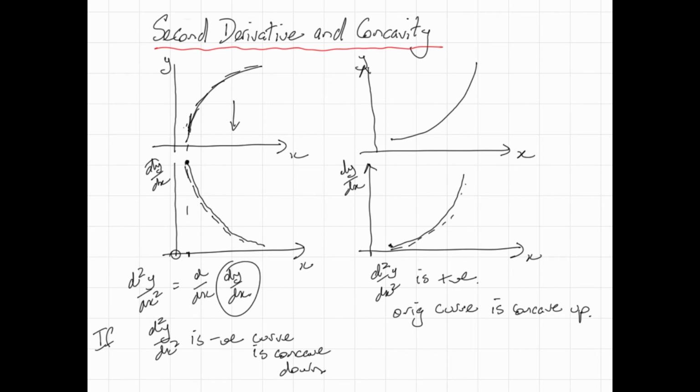Just working backwards there. So we've worked out the nature of the second derivative, which is the gradient of the dy dx function. We've said it's always positive here. So if this d2y dx2 is positive, then the original function is concave up. That way.